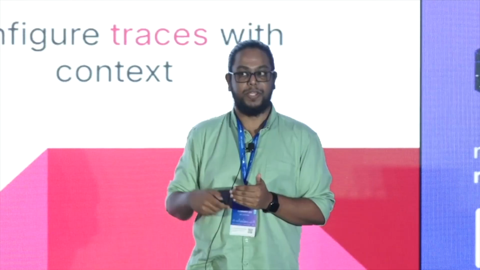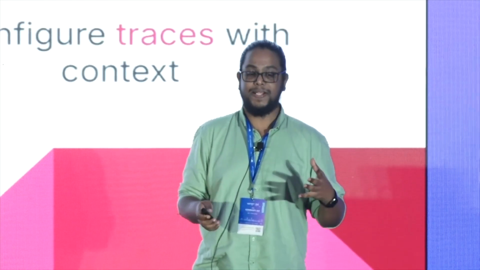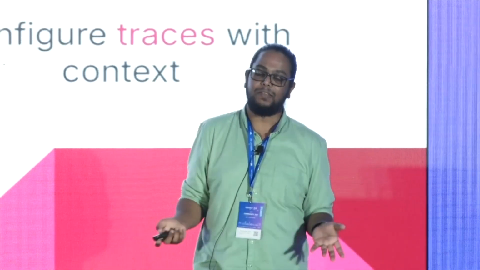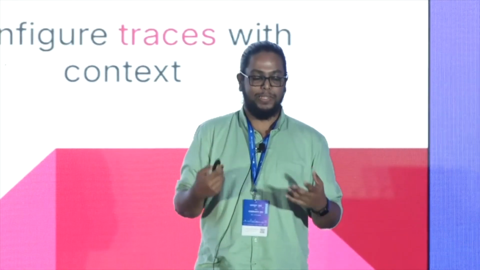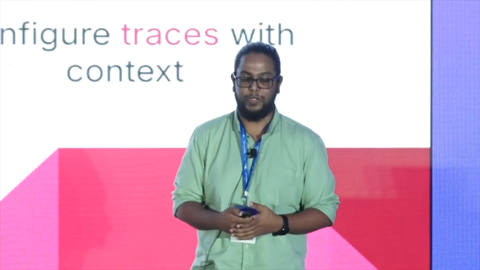With traces, you can add more contextual information, the metadata, which brings the complete story itself. So when you're debugging with logs, metrics, and traces, it gives you the complete story, helping you understand what went wrong, where it went wrong.